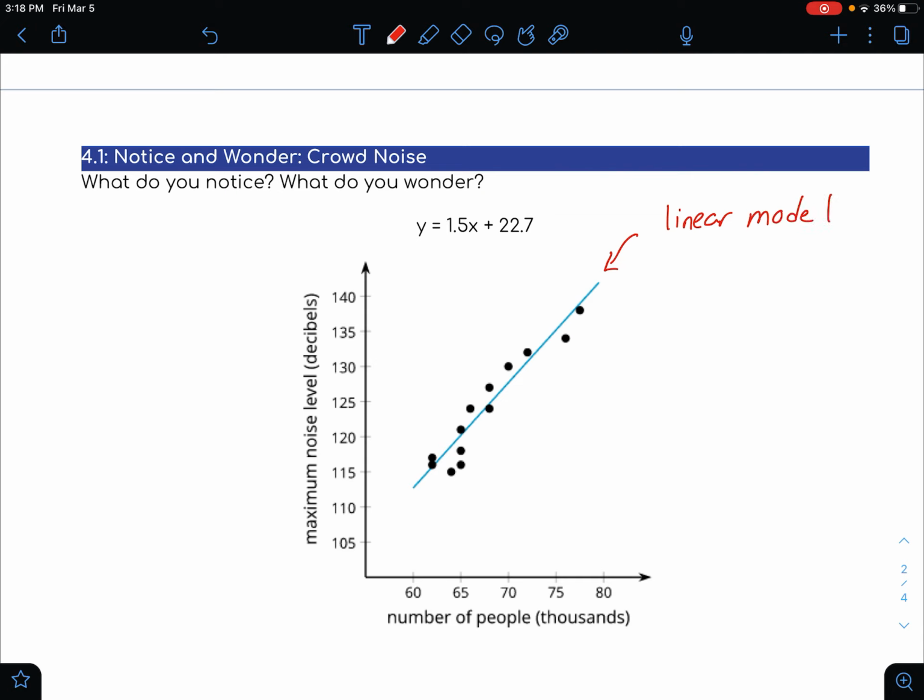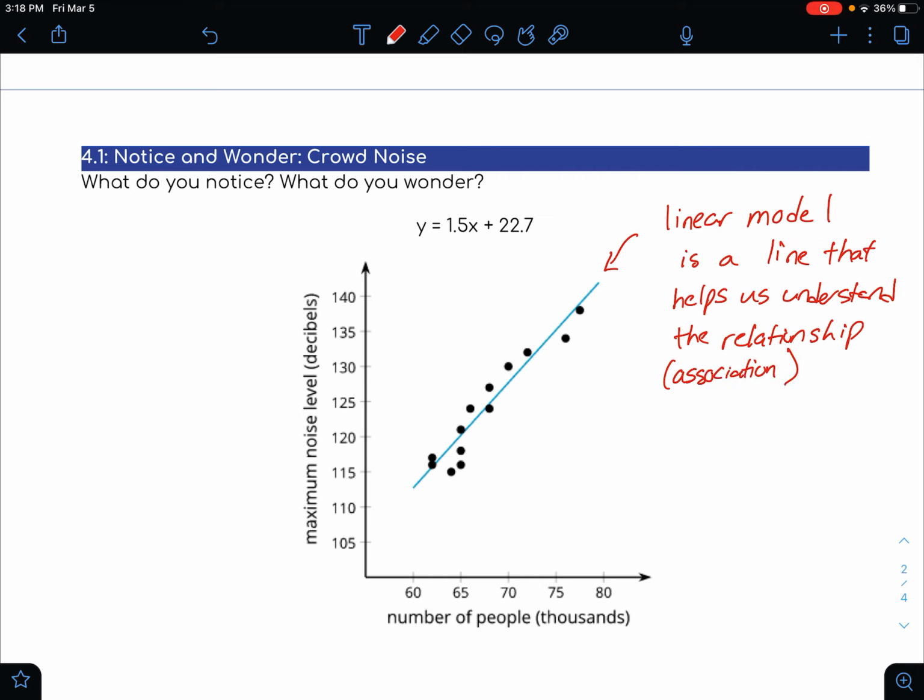And a linear model is a line that helps us understand the relationship, or maybe even the word association that we used before, could be used here between two variables.